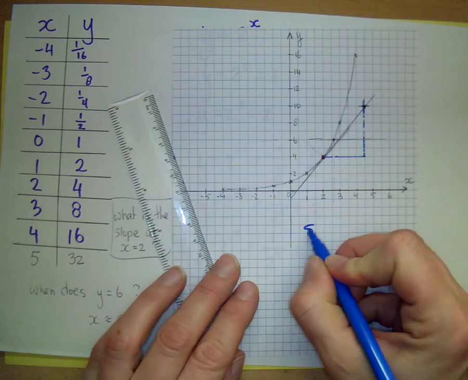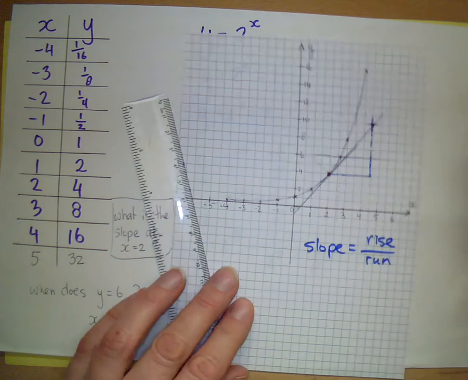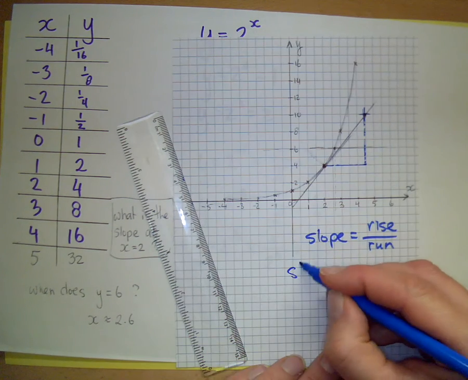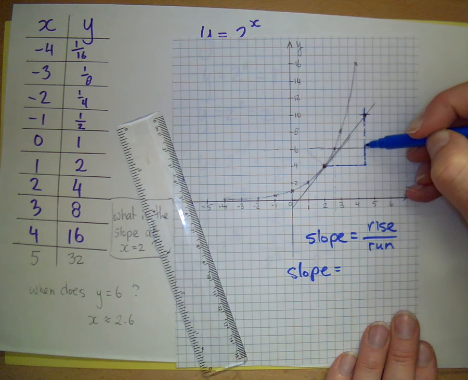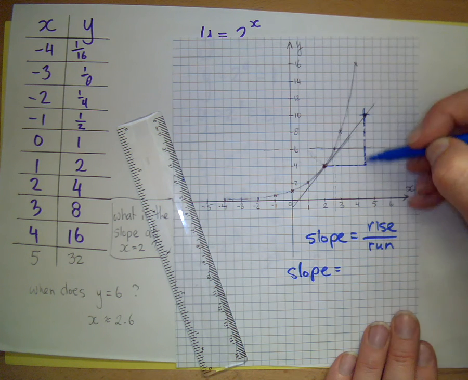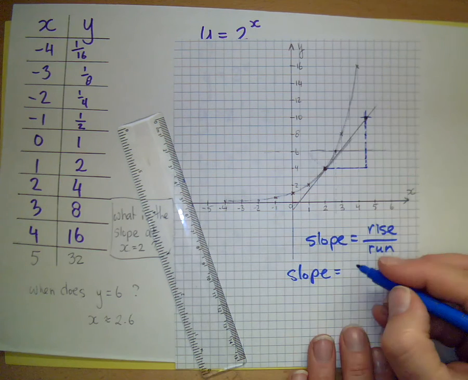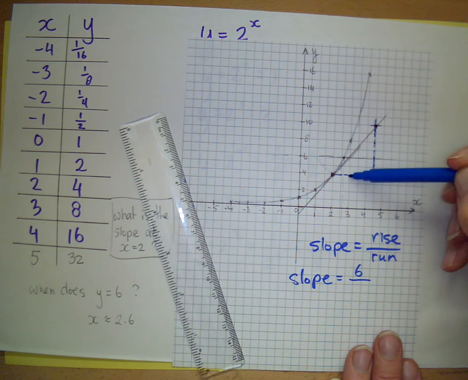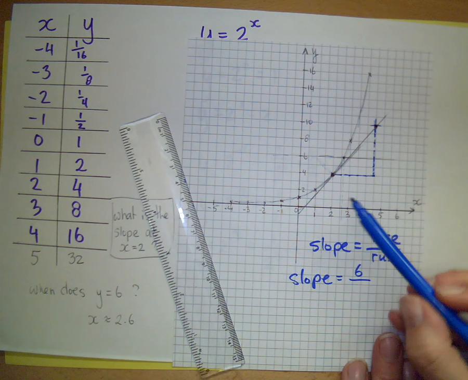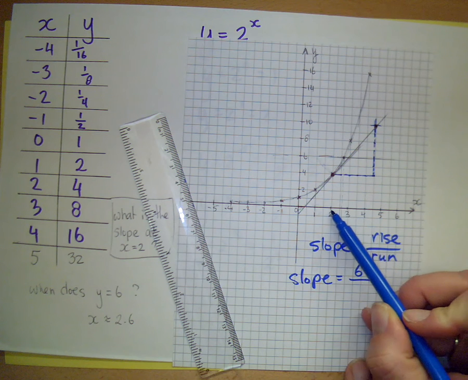Slope is rise over run. The rise in this case is 1, 2, 3, 4, 5, 6. 6 squares, and each square is worth 1 on the y-axis, so 6 over the run. 1, 2, 3, 4, 5 squares, but on the x-axis every square is worth half, right?